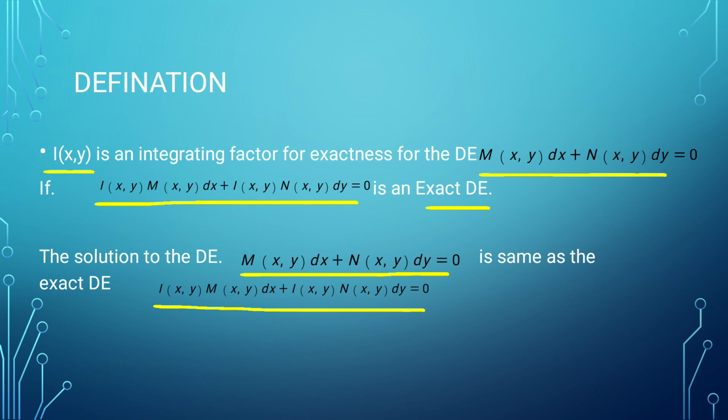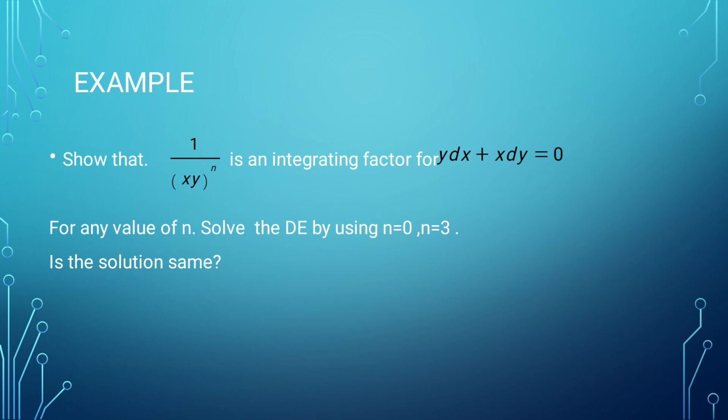So now let's look at how we do this from an example. Show that this particular fraction is an integrating factor for this differential equation, y dx plus x dy equal to 0, for any value of n.